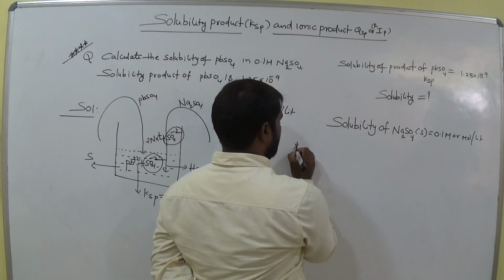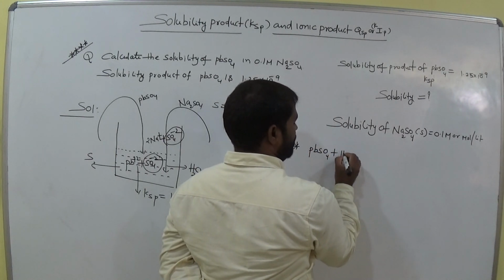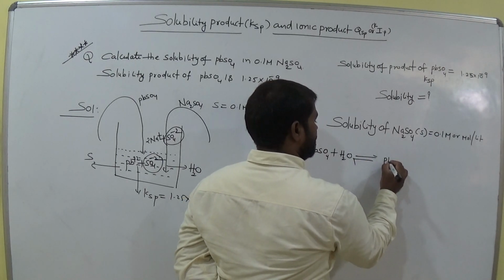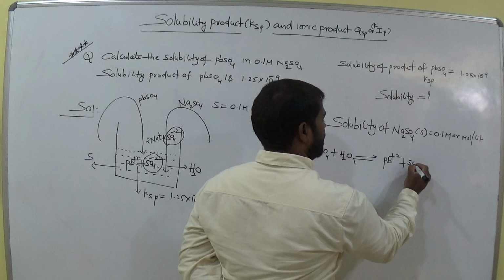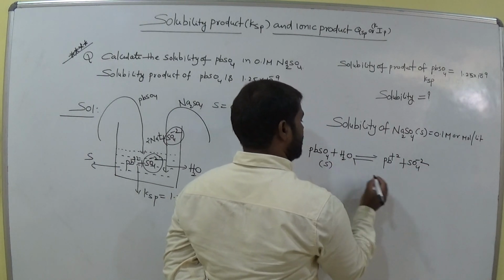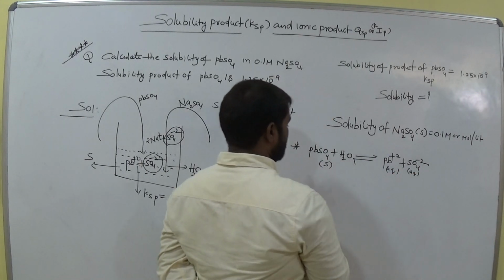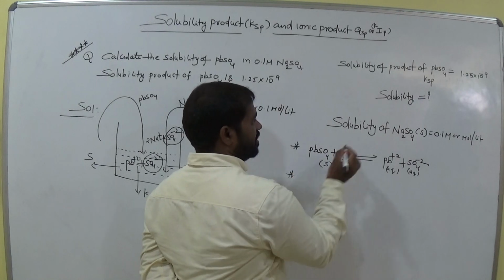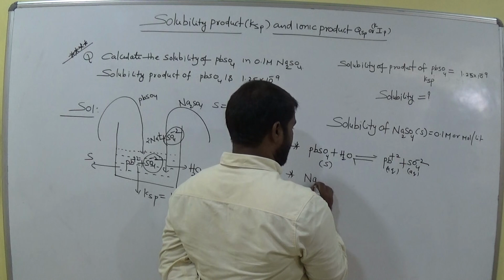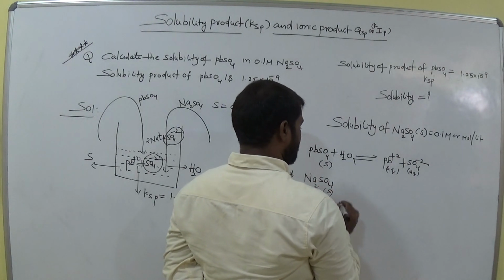So let's see. Lead sulfate he has given, when dissolved in water, how does it undergo ionization? Pb plus 2 and SO4 minus 2. It is a pure solid, and these are aqueous and aqueous. Now in the same container he added the sodium sulfate, which is also a solid.